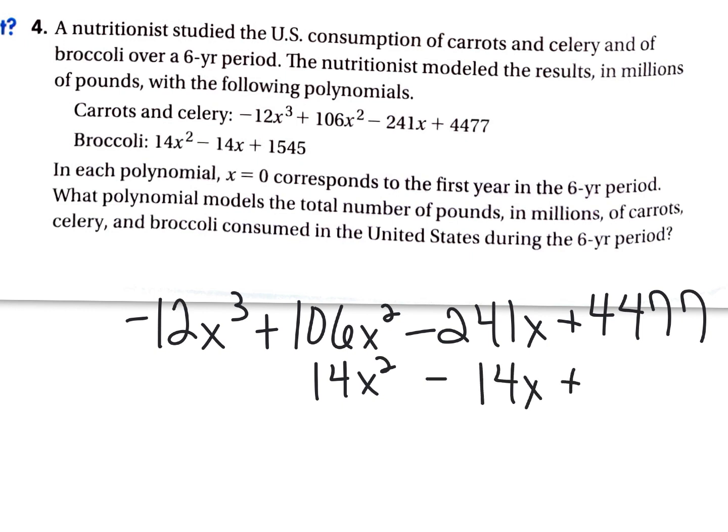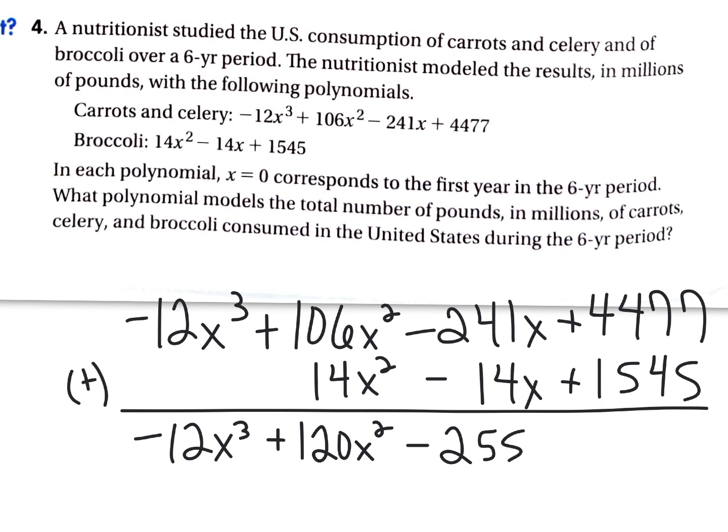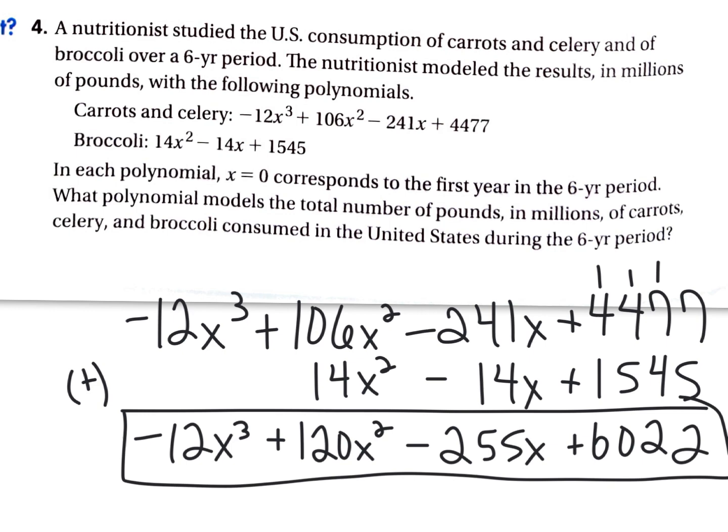It's not in the middle, so we don't have to put a 0 there, although if you want to put a 0 there, you can. So we add these together. And this should be your answer.